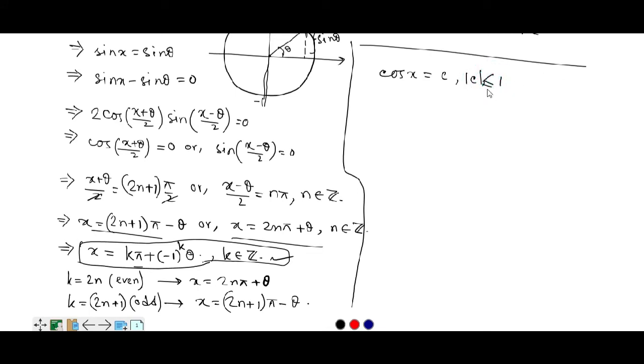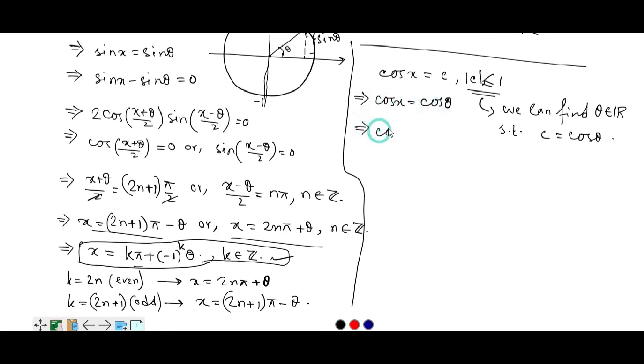And if this criteria is satisfied, then we can find theta belonging to R such that c is equal to cos theta. So easily we can write cos x is equal to cos theta, and from that we can take it to the same side.